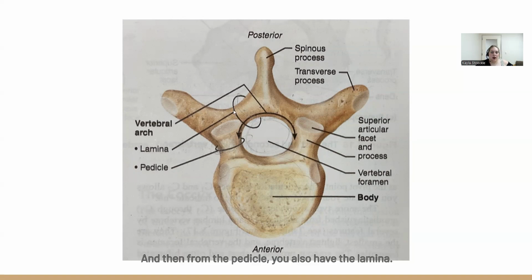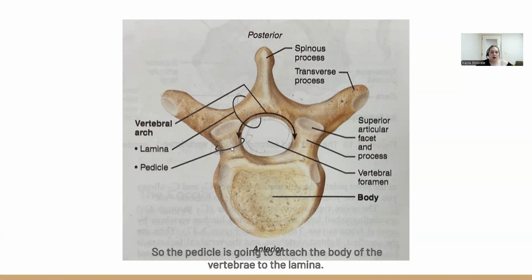And then from the pedicle, you also have the lamina. The pedicle is going to attach the body of the vertebrae to the lamina, and then the lamina is going to attach the transverse processes to the spinous processes. So this would be your transverse process, and you have one on each side.